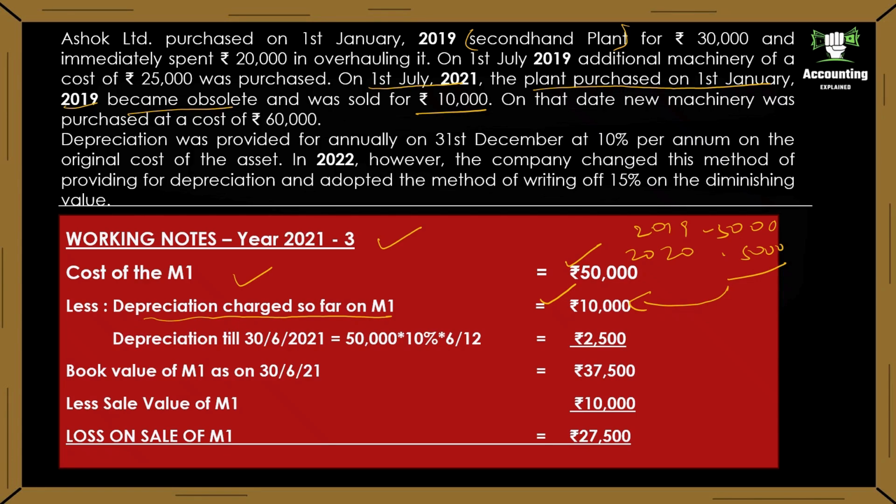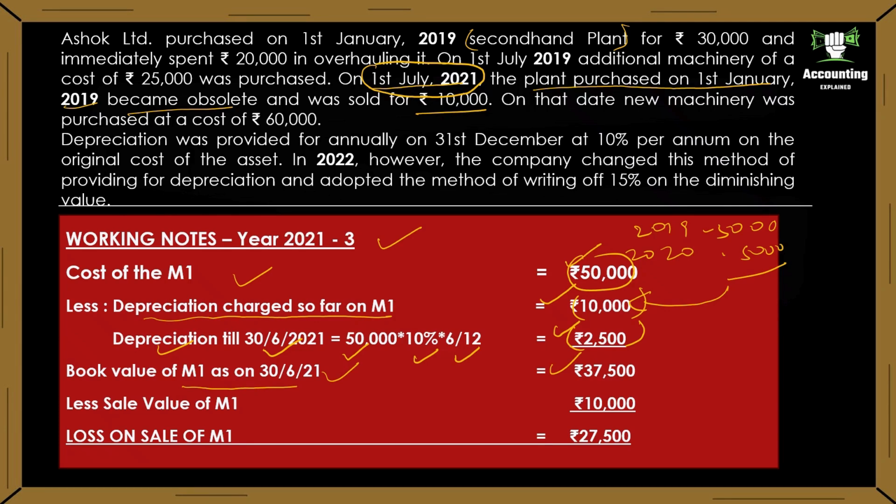Then we have sold the machinery on 1st July 2021, right? That means we have used the machinery from 1st January to 30th June, so we have to depreciate plant and machinery for those 6 months. Depreciation till 30th June 2021 is 50,000 into 10% into 6 by 12, which comes to 2,500. On deducting 10,000 and 2,500 from 50,000, we get 37,500 as the book value of M1 as on 30th June 2021.